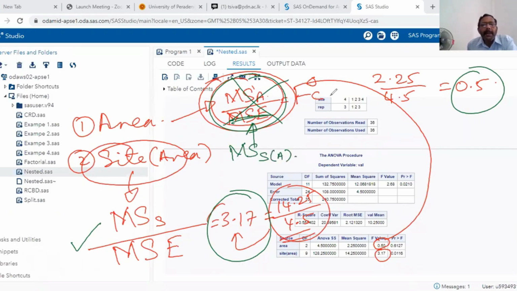That has to be replaced by that. Unless we tell the computer to replace this by this particular component, computer will not do that. By default, automatically, computer divides all the mean squares by the error mean square to test it. Right? Everybody understood that.